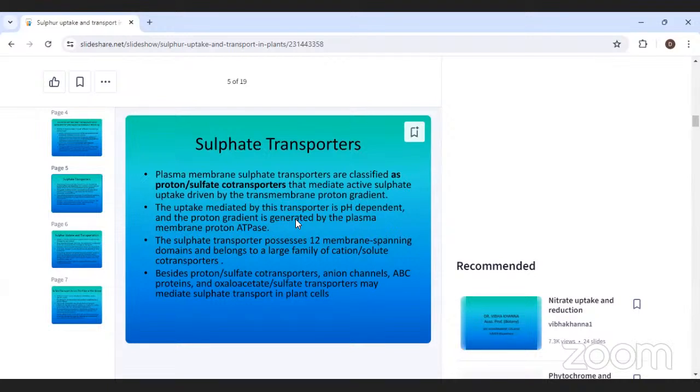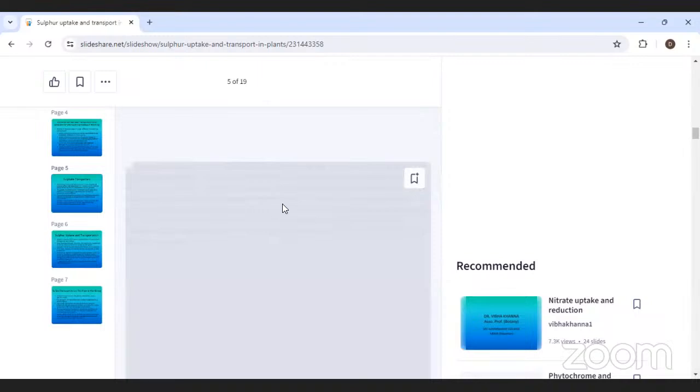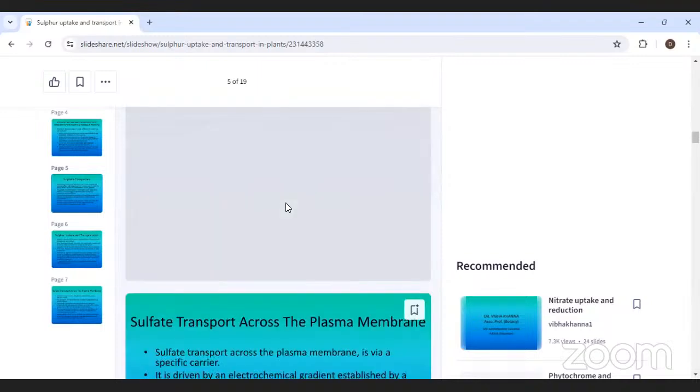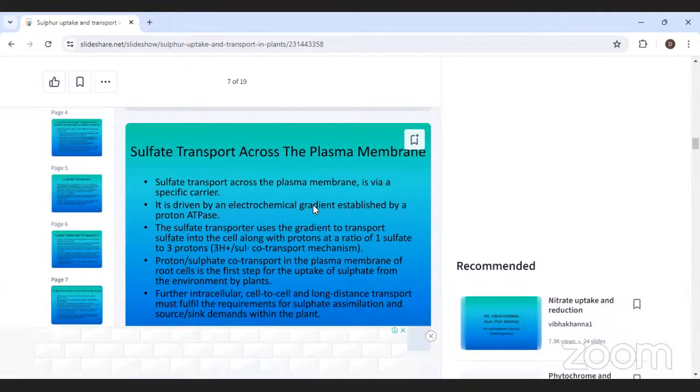The proton gradient is maintained across the membrane by the proton pumping ATPase. An increase in pH of the external medium inhibited sulfate uptake.